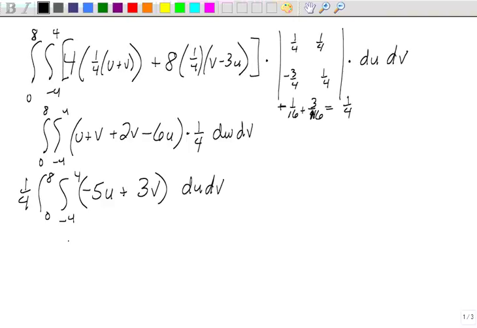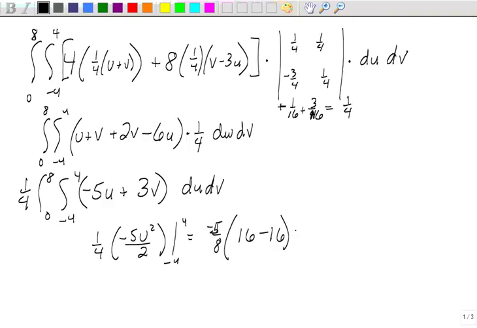So with respect to u, let's not write equals, we're just going to do one integral at a time. That's minus 5u squared over 2. Negative 5/8, 16 minus 16. Okay, so that's 0.